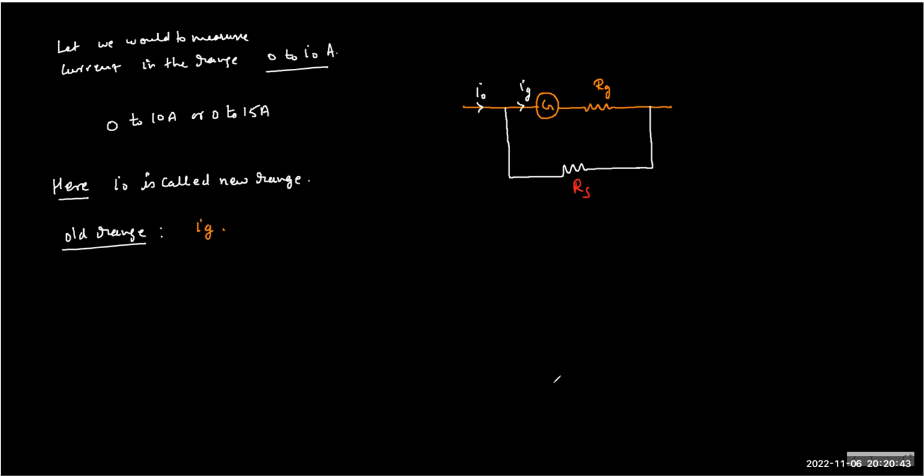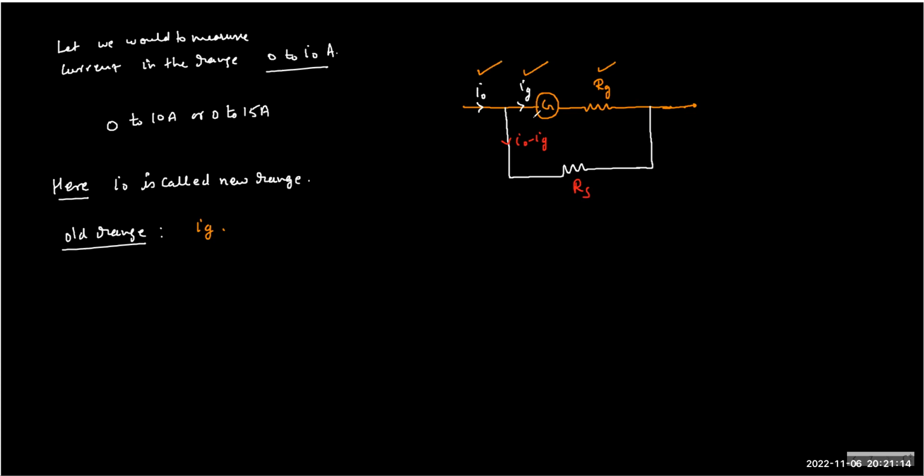So this circuit as a whole is called ammeter. Now what will happen? The remaining current I naught minus Ig will go through the shunt, and to allow the maximum current to pass through, the shunt that we must use must be very small. Now, as a manufacturer, Rg is known to us, Ig is known to us, I naught is the requirement, which is again known to us.